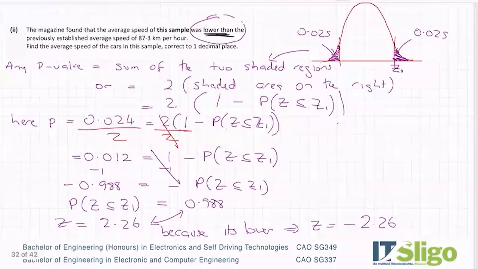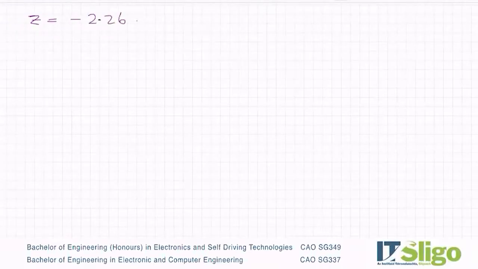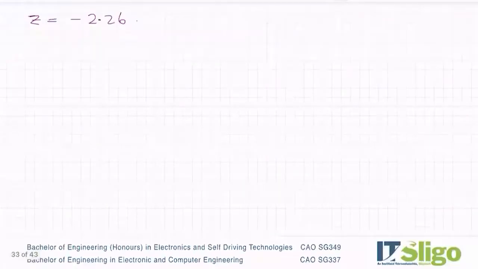Let's insert a new page so we're not up on top of each other. So we've established that Z is equal to minus 2.26. Just like we did here, we're now going to see what X bar that is equivalent to. So Z is equal to X bar minus mu over sigma.